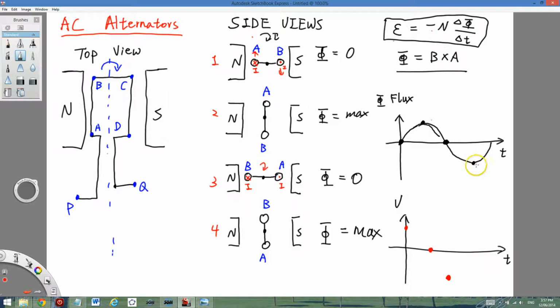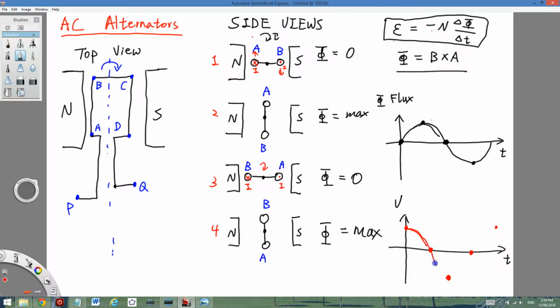Then at position 4, we have a turning point. The gradient of a turning point is 0. We have a maximum flux, but the rate of change of flux over time is 0, so we have 0 voltage. Then it goes back to the original point.